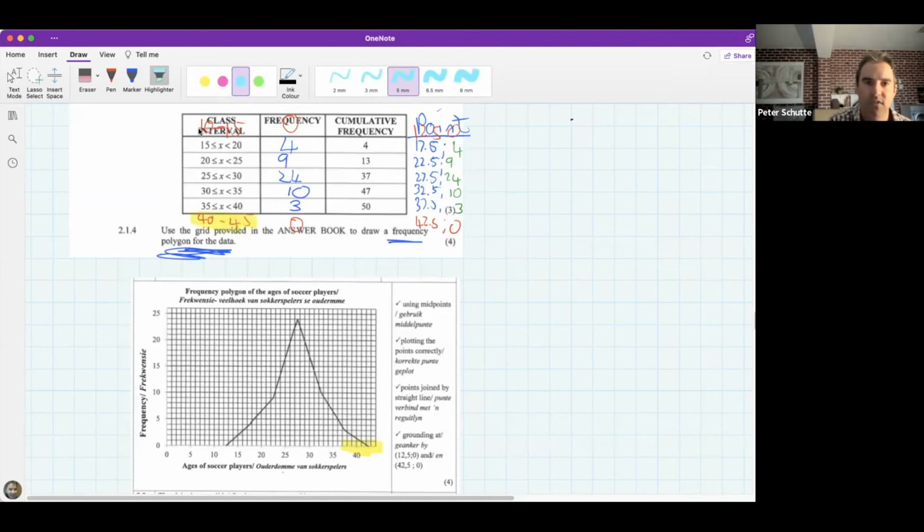And then you can also see 10 to 15 over here. And you can see how it's back to 0. The rest of the points are just 17.5, 4 would be about here. And you can see there's another one there, another one there, another one there. These are the points that you were doing up here.